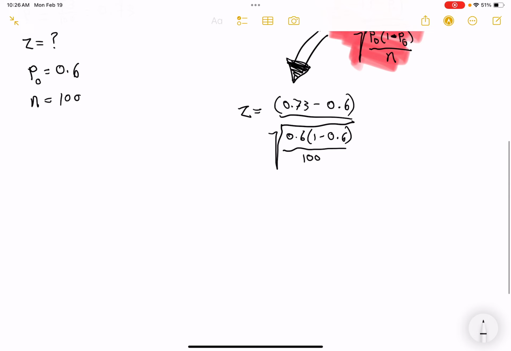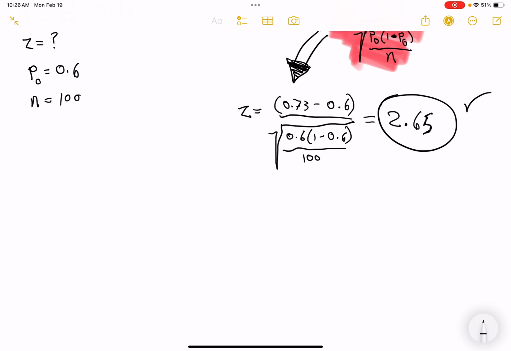Plug this all into Desmos, and you'll know you've done it right if for your z-score you get about 2.65. It'll keep going on for a long time, but that is what I get. Again, I highly recommend double checking that your square root goes over the entire denominator, and that there are no extra zeros, so it shouldn't be 0.06 or 6.